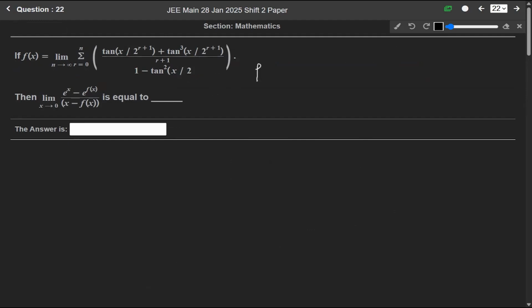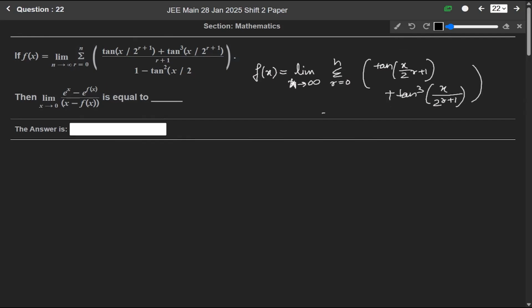So we are given f(x) equal to the limit as n tends to infinity of sigma r tends to n of 10x over 2 power r plus 1 plus 10 cube x over 2 r plus 1, divided by 1 minus 10 square x by 2.